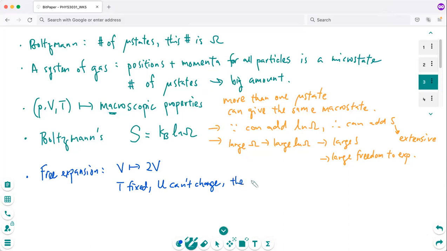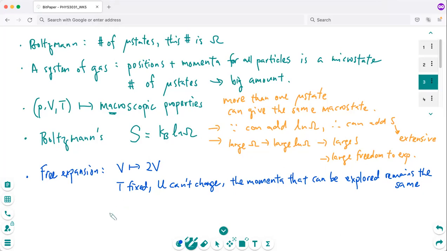So the momenta that are available, that can be explored by all these particles, remain the same. Therefore the thing that changes will be the volume, which means the positions available for you to explore will become twice as much.